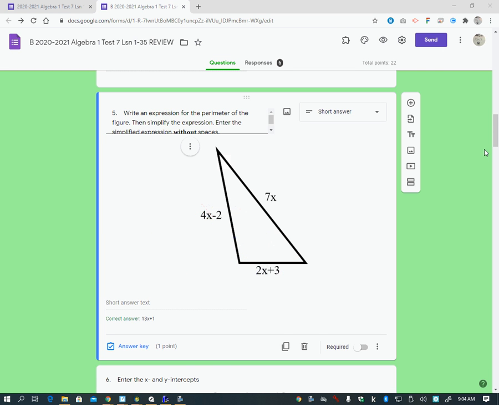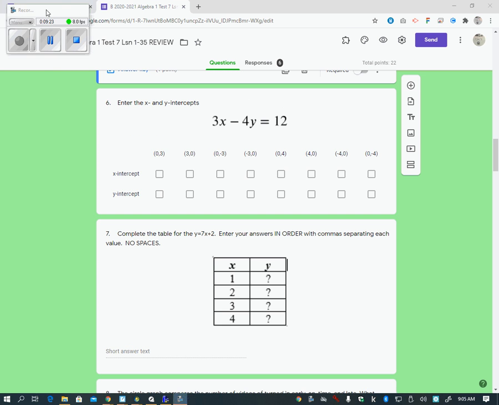Okay, give me a second here. All right, coming back here, number 6 shows that nobody got this right. Okay. So it says enter the x and y intercepts. Do we know what x and y intercepts are?